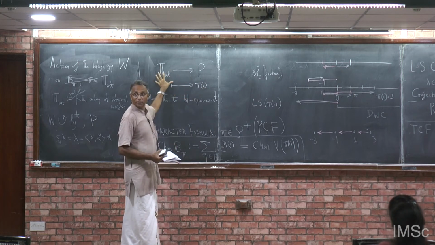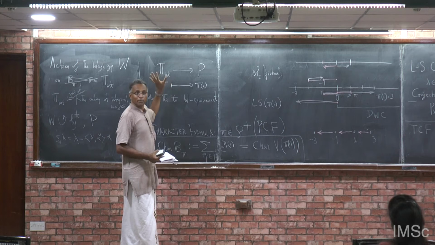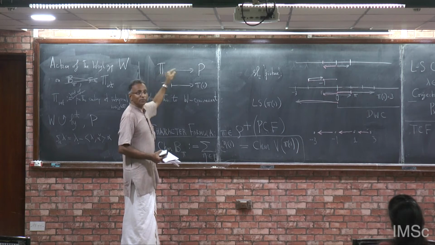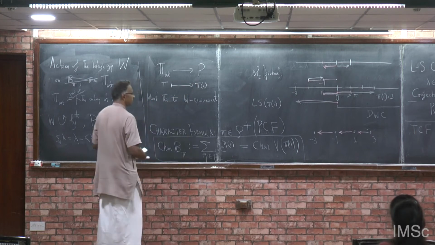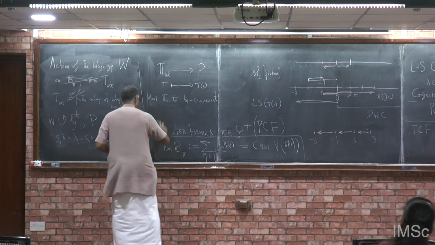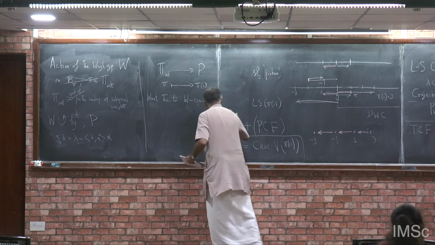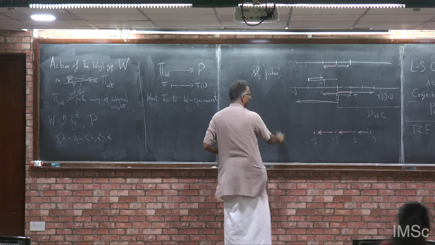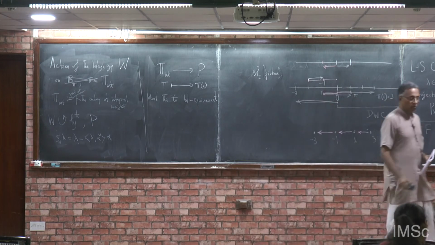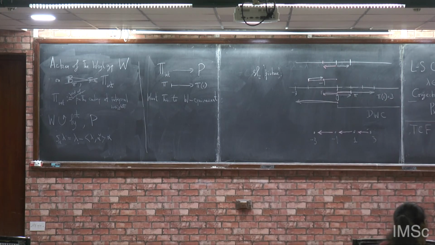If I'm going to define an action of W here, it makes sense for it to be such that this map is W equivariant. Okay, so now that we have this picture, let me, yes.